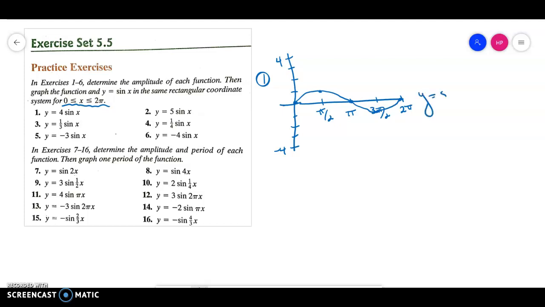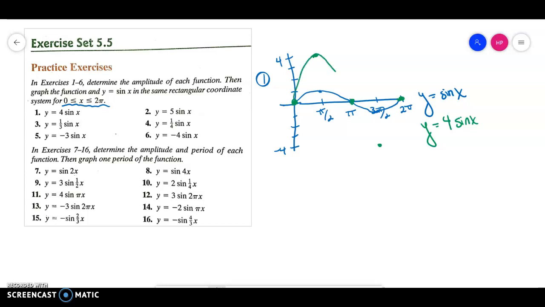So y equals the sine of x is the one that I have here in blue. If I switch to green to graph 4 times the sine of x, this is like what we had set up above at 0. If I multiply by 4, it stays at 0. So all of those intercepts stay exactly where they are, but it's this peak here at pi over 2 that goes to +4, and then my minimum at -4 for 3 pi over 2.